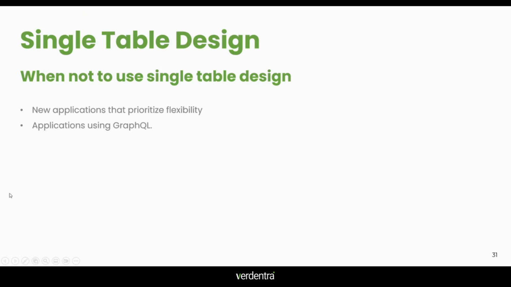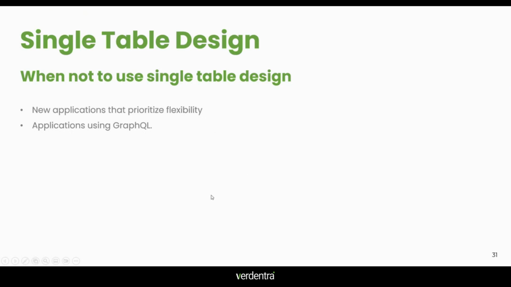And the second thing is if your application is using GraphQL, this is not recommended. I don't have much knowledge of GraphQL, but the reason as I understand is that in GraphQL you can request different sets of data at a time, maybe users and their orders.